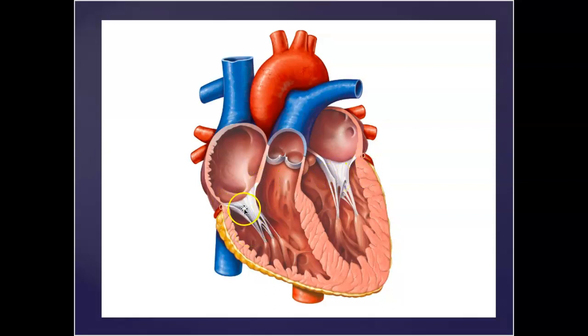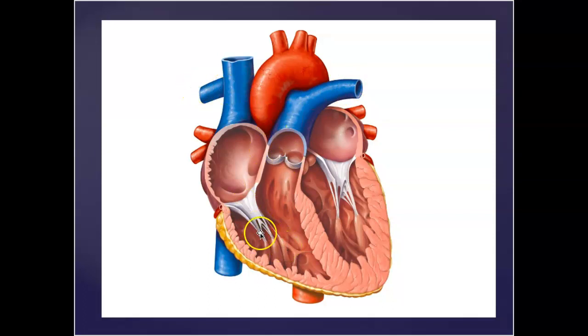But this is the right atrioventricular valve, coming here from the right atrium into the right ventricle. Again, the ventricle contracts, pumps blood out the pulmonary trunk through the pulmonary semilunar valves here, and then pushes it out toward the lungs, toward the pulmonary arteries.